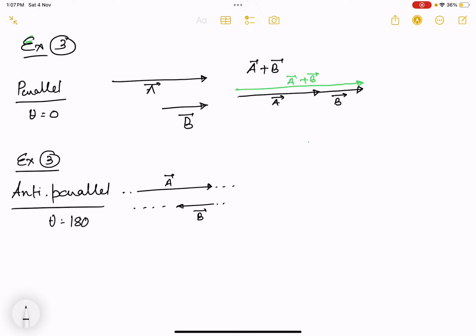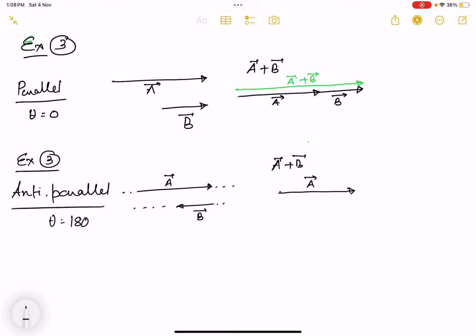Tell me again now. First, what do we do? I want A plus B. So in A plus B, which will be the first vector? A. So what do I do? First translate A. So I have translated vector A here. Understood?